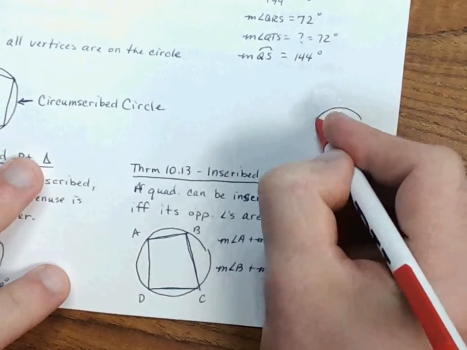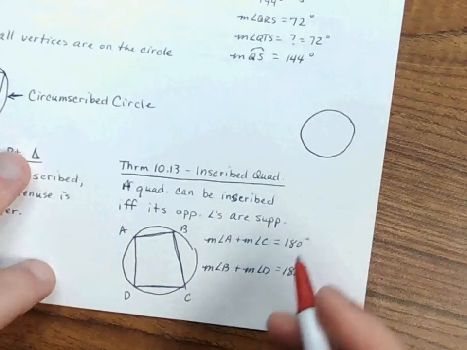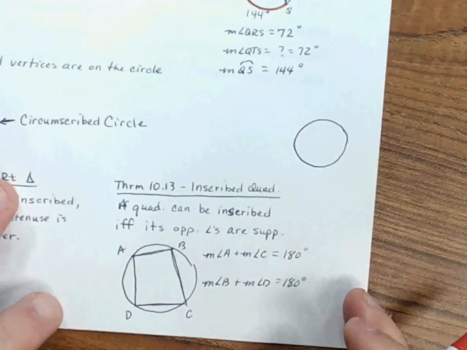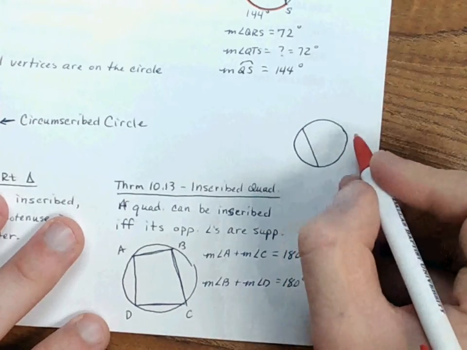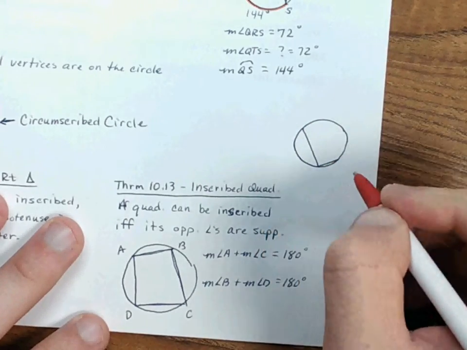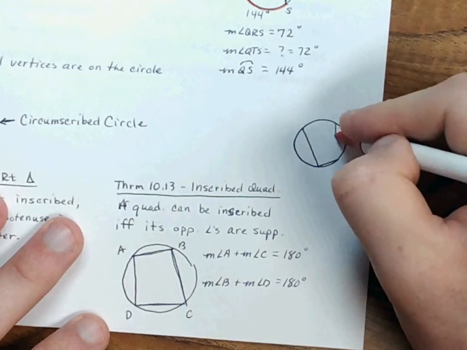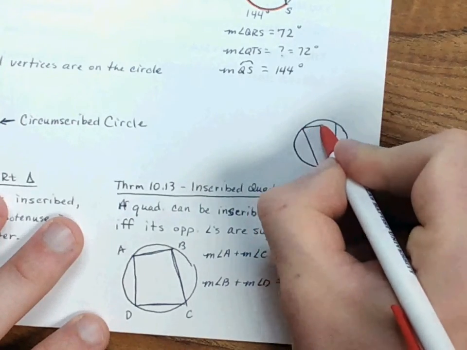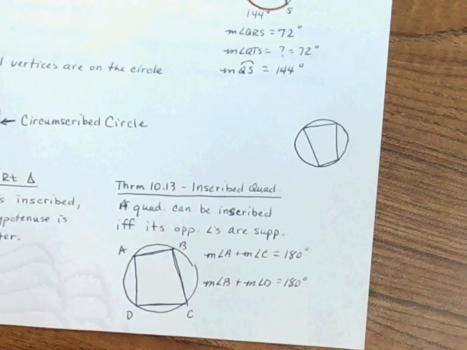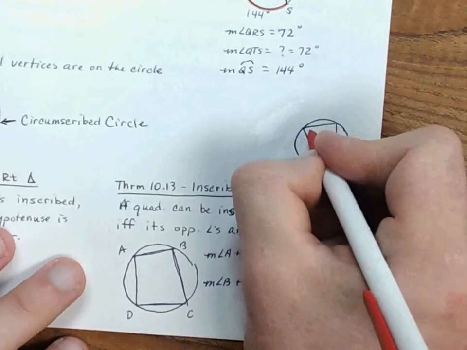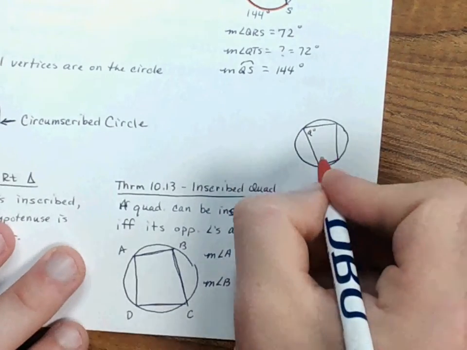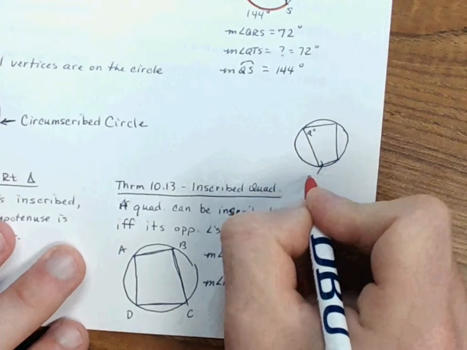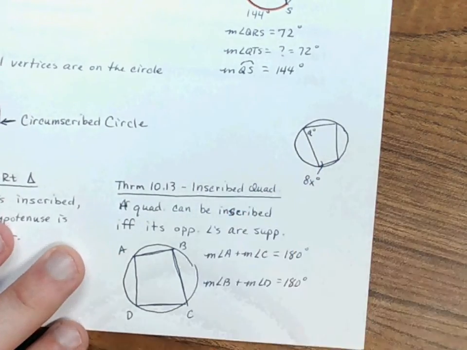So we got a circle, like so. We've got an inscribed quadrilateral. Call this A. That's going to be 8x.